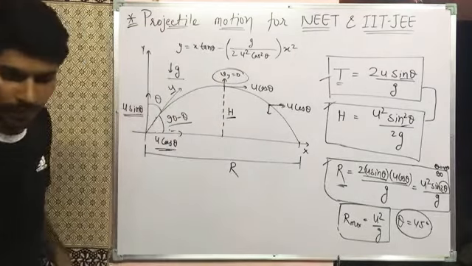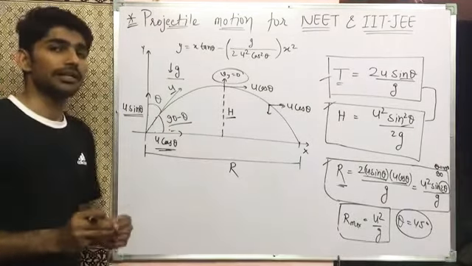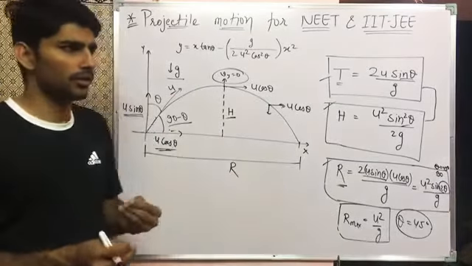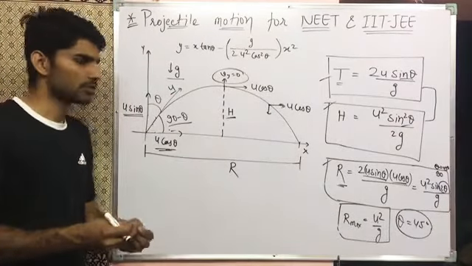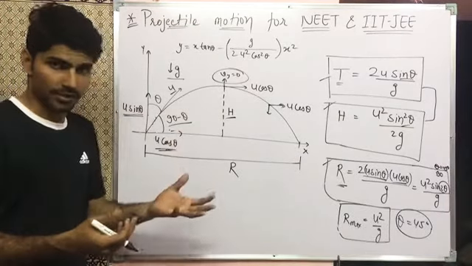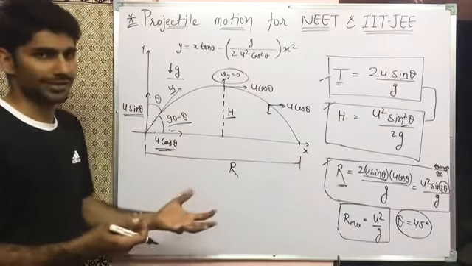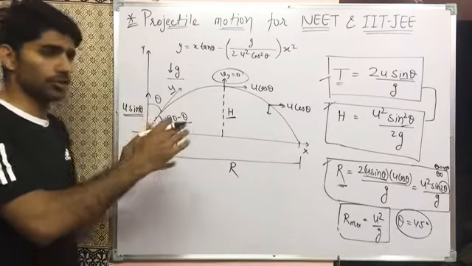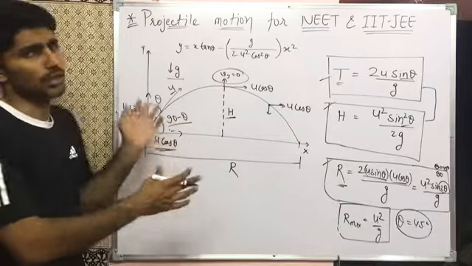So here we have these formulas. But you don't get questions based on these formulas all the time. Sometimes you are given the basic formulas, or sometimes other situations in which you will use your sense, and you will use the equations of motion in both the horizontal and vertical directions.